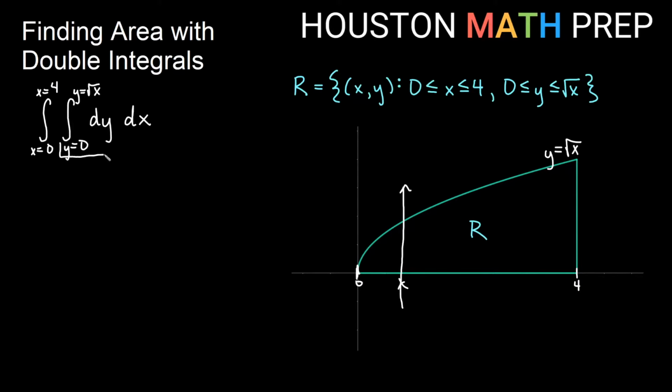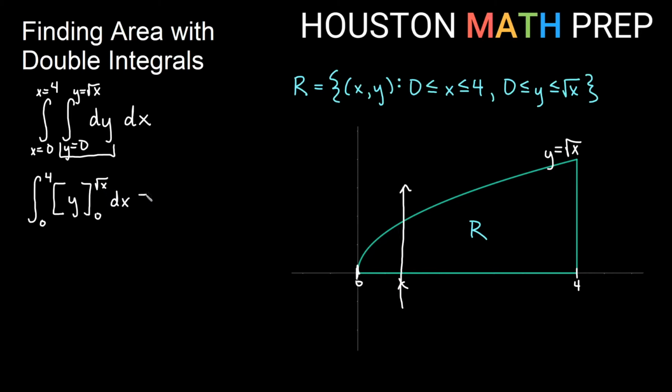Let's go ahead and work this out. So if we do the inside integral here, just the integral dy, we'll go ahead and keep our x equals 0 and our x equals 4. But if we integrate dy, that's just going to give us y. And now we should plug in our bounds of 0 and square root x. Now you'll notice that one of our bounds for integration is a variable, and that's okay because we have integration dx coming later, so having this variable x as a bound is all right.